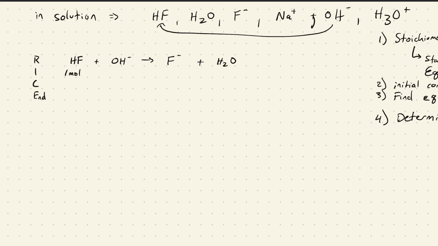So we start with 1 mole sodium fluoride, which is just 1 mole of fluoride ions because it dissociates completely. And we also start with 0.05 moles hydroxide ion. Hydroxide ion is clearly our limiting reactant, so that will get fully used up.